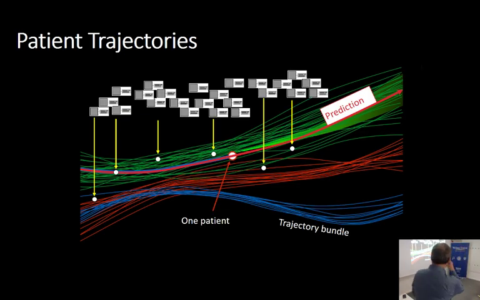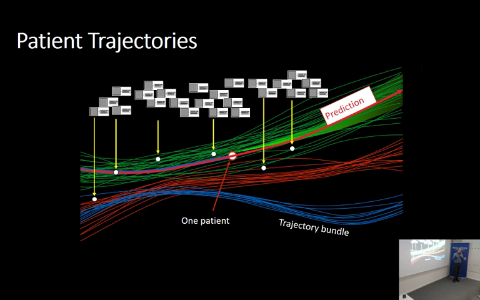So patients go through hospitals, they have various treatments done, they have radiology images taken, and the patient records written. So if you see a patient trajectory as being a line that goes through some hyperdimensional space, and you take all of the data for the patients and put all of those patients into that space, you're going to be able to find what we call over here the trajectory bundles.